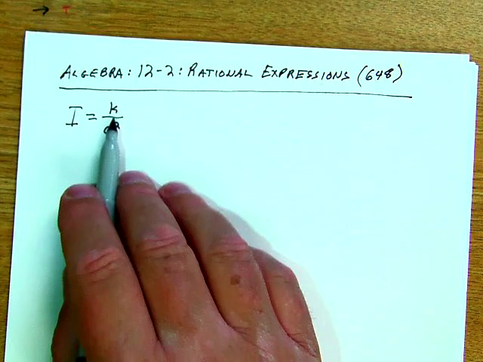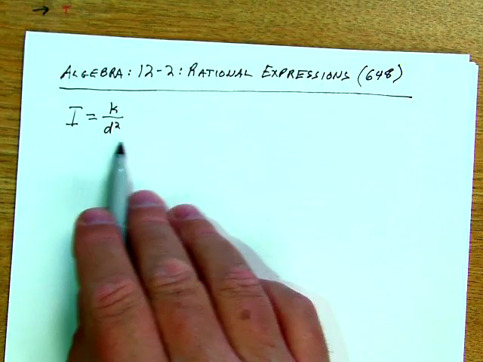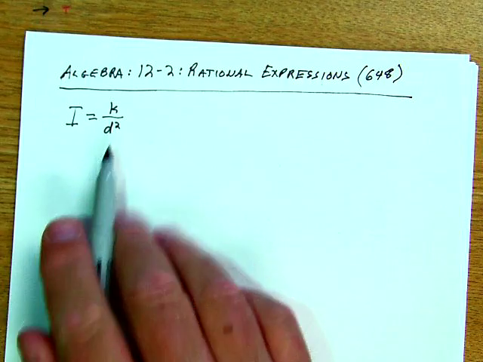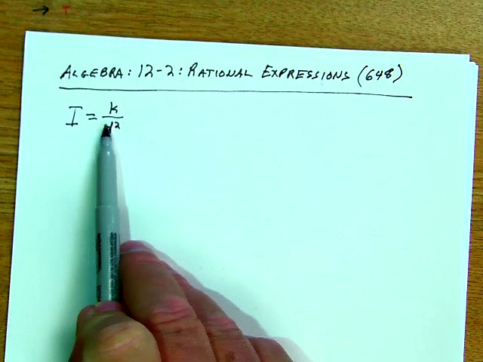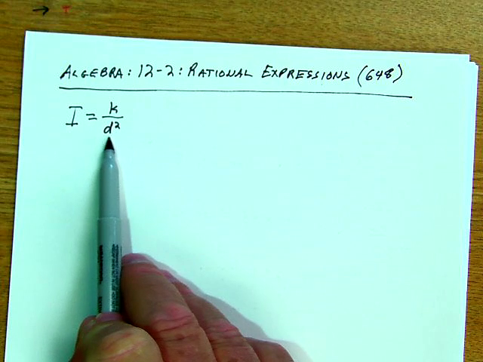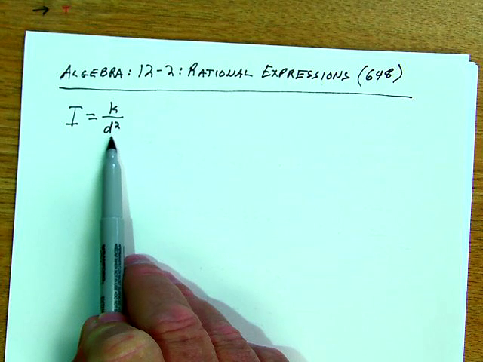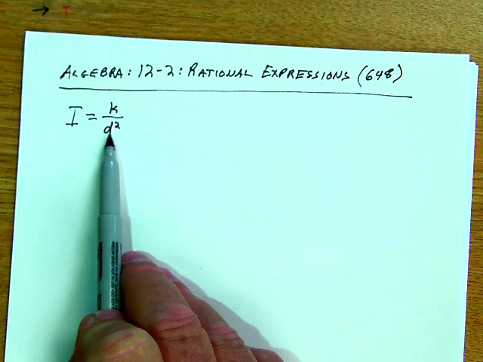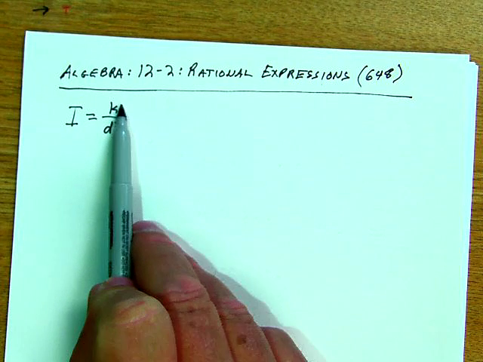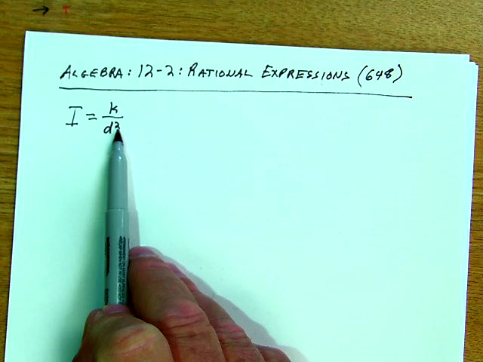So that's what happens. And when you have a rational expression like this, there's always some value in the denominator that, if it turns out to be 0, makes this whole problem undefined. So in this case, if distance is 0, 0 squared is 0, and you can't have a number over 0.